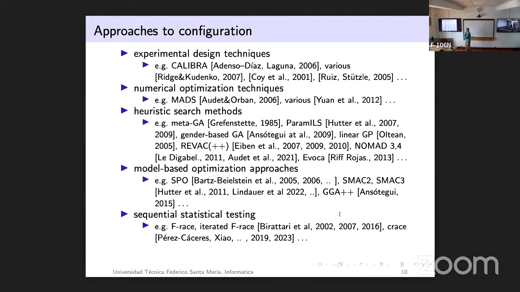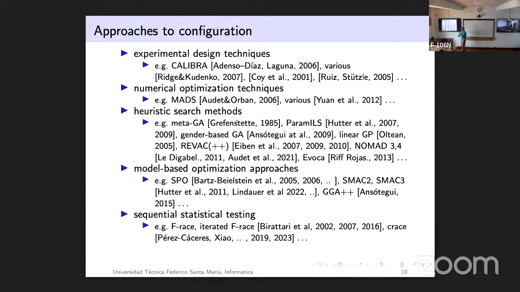Then very large kinds of search methods are used. You have Meta-GA, and the Meta-GA is from 1985. Yeah? And it is astonishing that Grefenstette did this in 1985. But because the computers were slow, yeah, it could not be done in quite some time. Yeah?